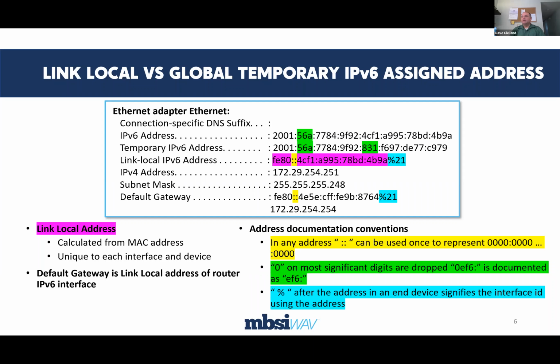So when I see an IPv6 address of 2001:56A, like it is there, that means if I wrote it out in longhand, that would actually be 2001:056A. And as I mentioned before, the % which I've highlighted in blue, is the interface ID that's actually implemented that address.